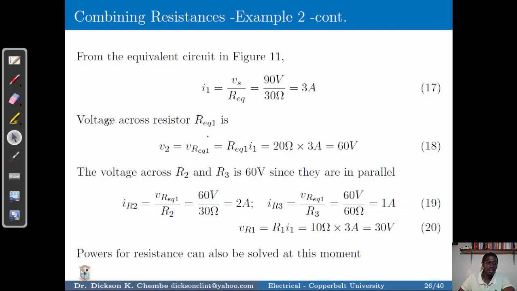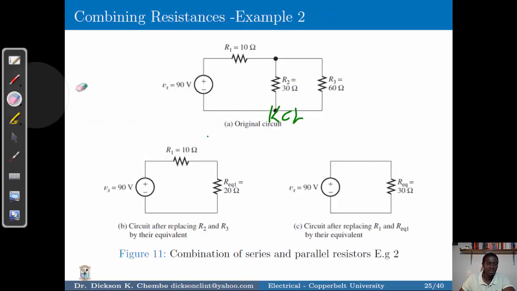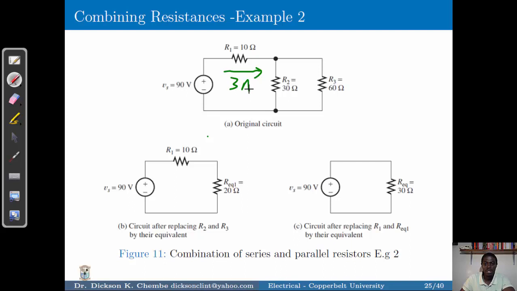This we can verify by Kirchhoff's current law, KCL. We know that the sum of currents entering a node, if we go back and look at this node here, let's pick this node. There's a current entering this node, which is 3 amps, and then that current splits into 2 currents.